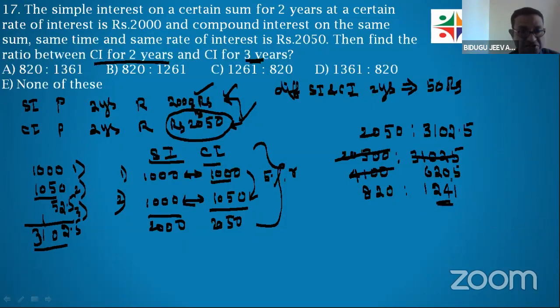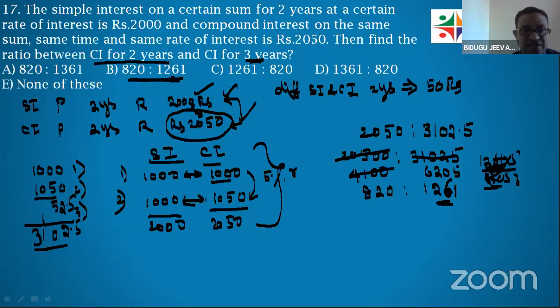I think the calculation here is very clear. Your answer is B, 820 is to 1261, right? 1261 into 5, 5, 33, 1231, 83. So this is very clear. 1261. I hope you understood this one.